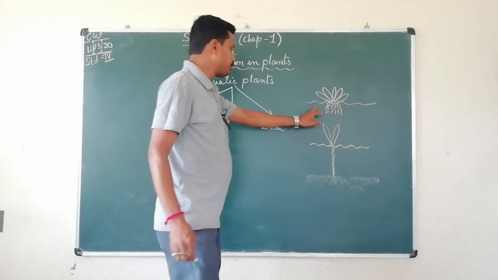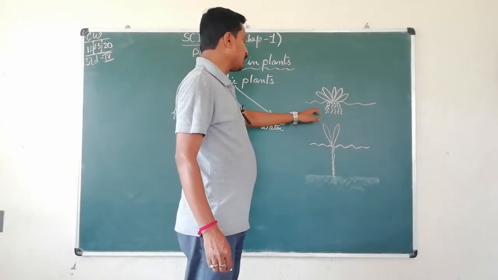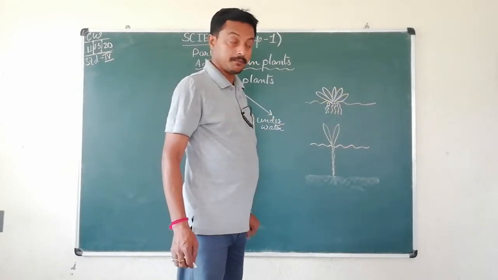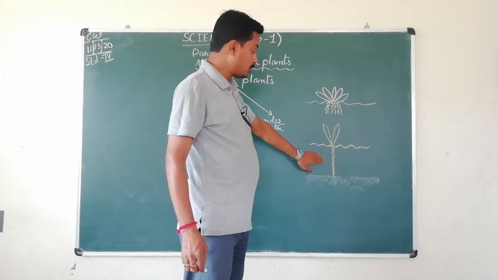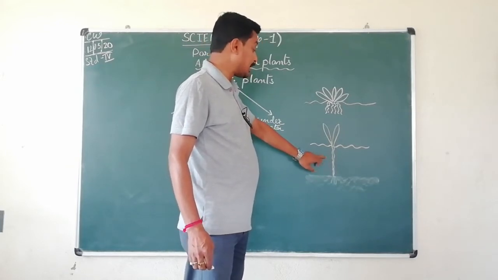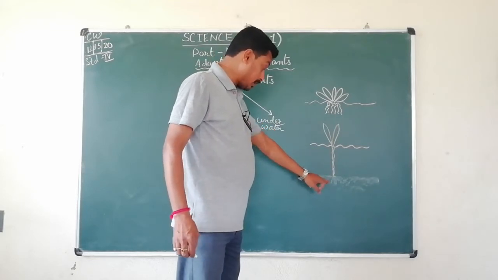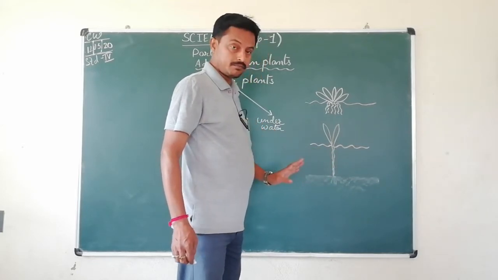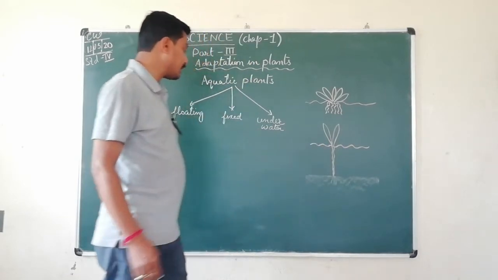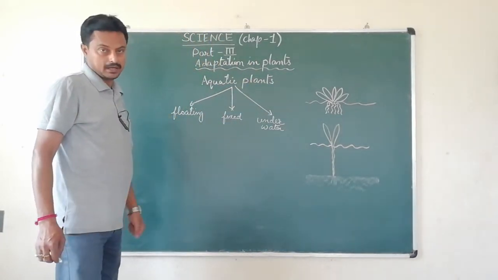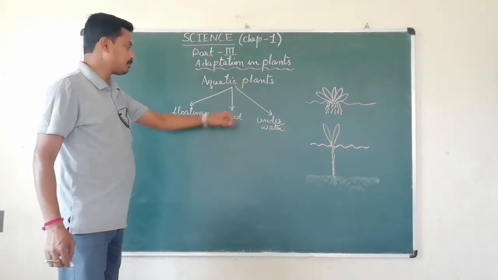Here, the plant will float along with the current of the water, but here the plant cannot float. Wherever the plant grows, it is fixed over there because its roots are fixed in the soil, in the ground, under the water. Those plants are called fixed plants under aquatic plants.